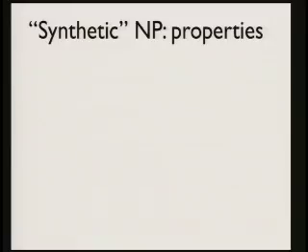Irrespective of what these natural nanoparticles can do today, they also inspire us to import some of these capabilities into synthetic nanoparticles. There are some principles, which I'll show you some examples of, that we typically bank on.